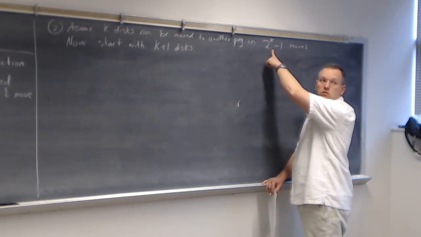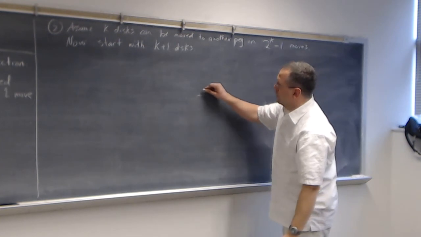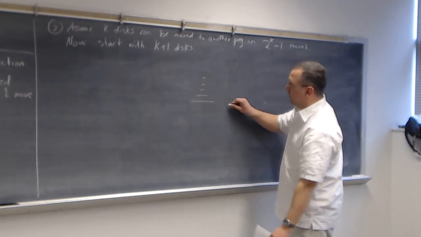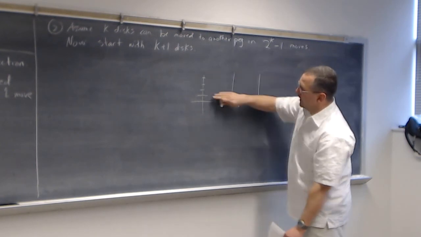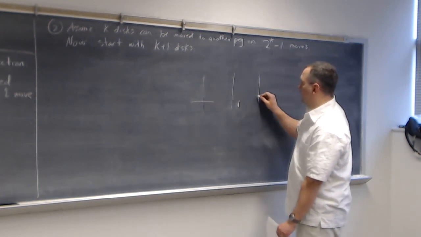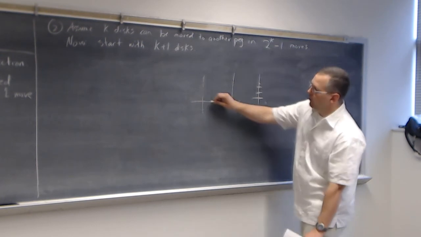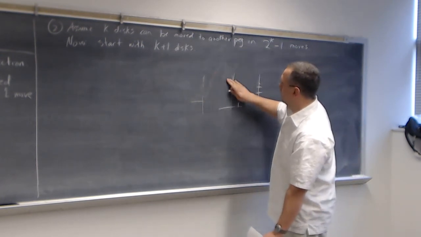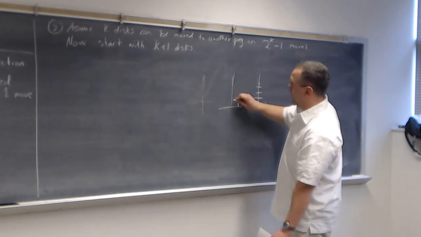Does that make sense? So you leave the biggest one here. You're going to take the top ones, restack them over here, for example. Okay. Then you take the biggest one and stack it up here. And then you're going to take these and stack them back up over here.